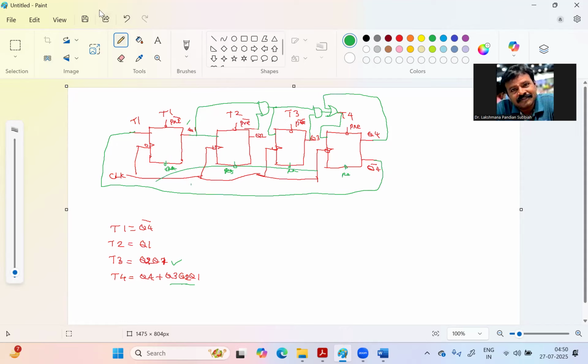Now this is the total diagram for modulus 9 synchronous up counter using T flip-flop.